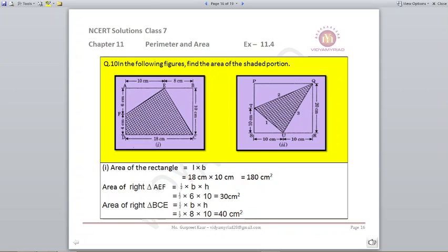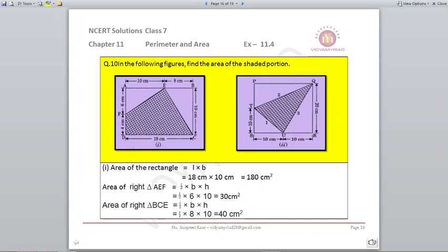Just look at the first figure. Your shape is in the form of a rectangle. So length into breadth we will do 18 into 10, that is 180 centimeters square. Now there are two right triangles, AEF and triangle BCE, and the formula for a triangle is half into base into height.